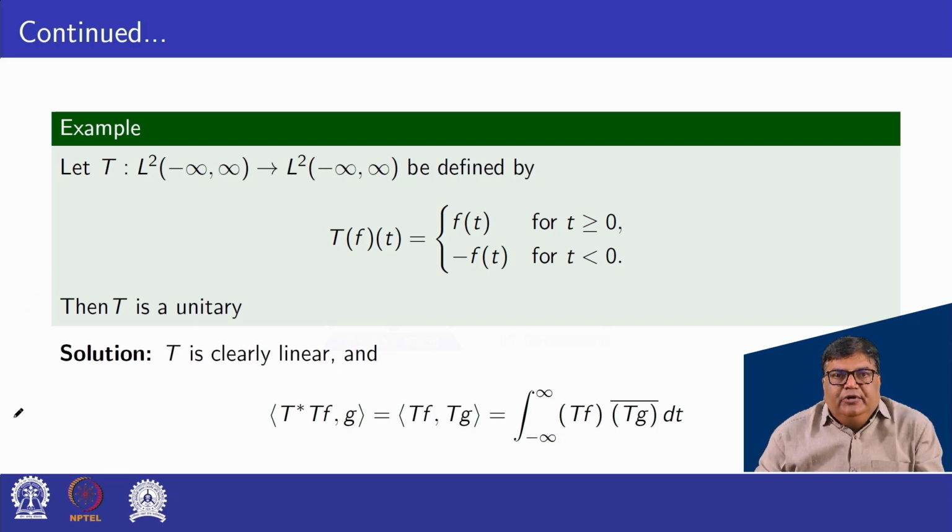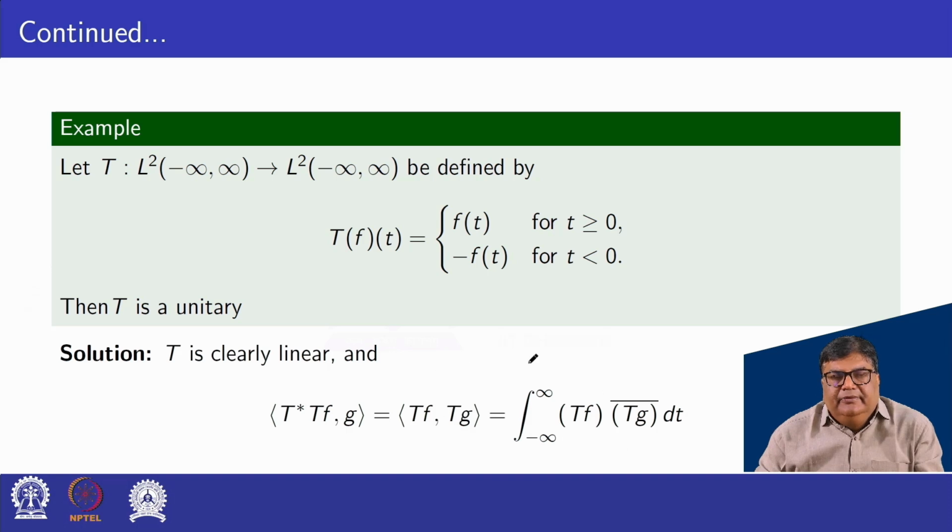Now the inner product of T star T f, g. As per the definition of the adjoint operator, this can be written as the inner product of Tf, Tg, equal to the integral from minus infinity to infinity of Tf(t) times the complex conjugate of Tg(t) dt.